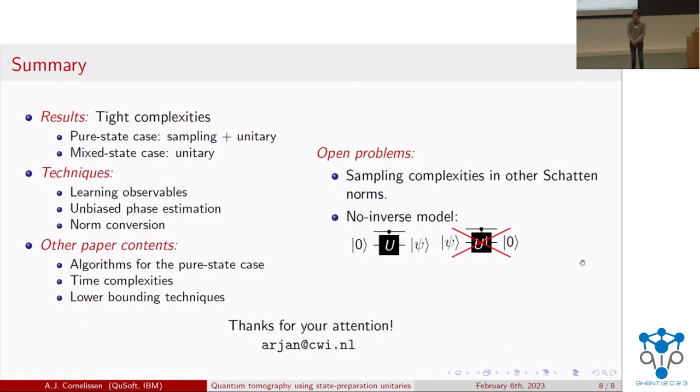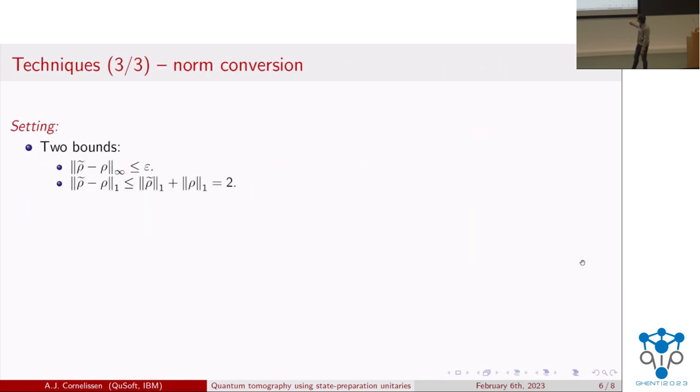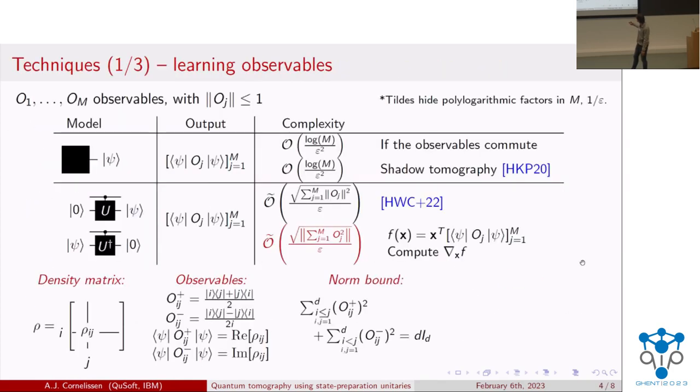Can you use the first technique for the tomography of infinite dimensional quantum states, including coherent or squeezed states? Sorry, about the first technique? Yes. Let me go there. What exactly do you want to know? I mean, there are some complexities about the models. Can we apply these complexities to the case of infinite dimensional quantum states?